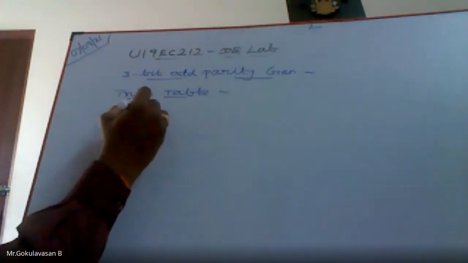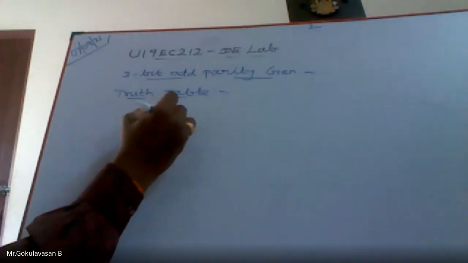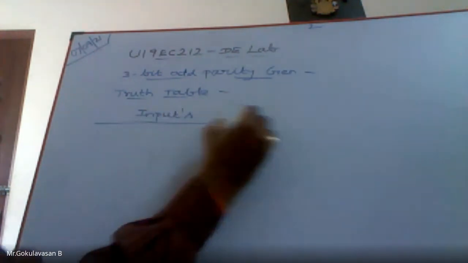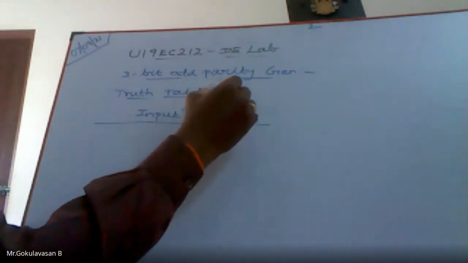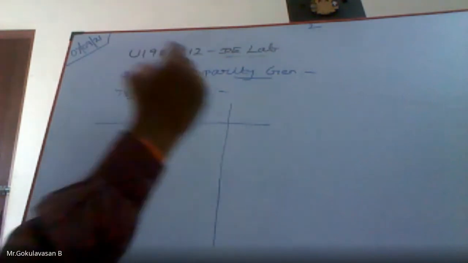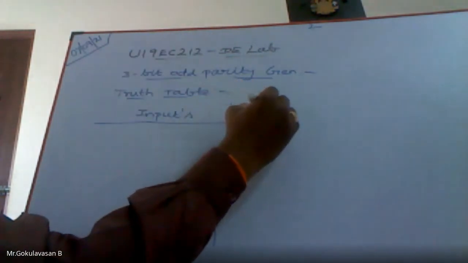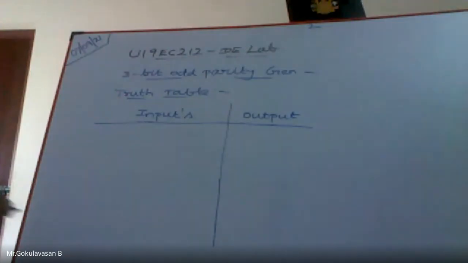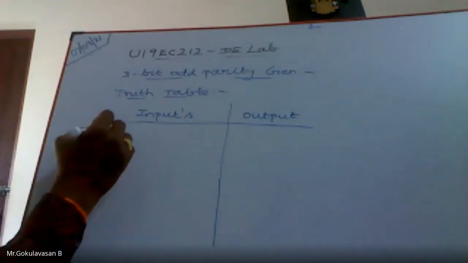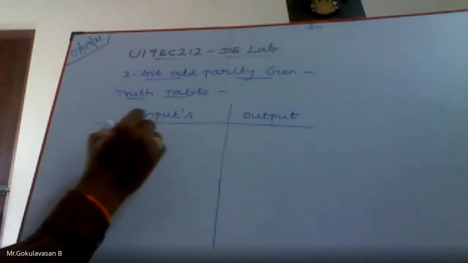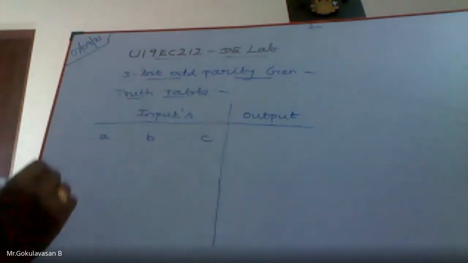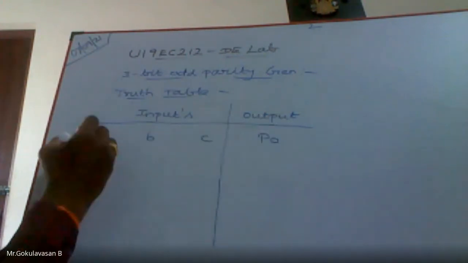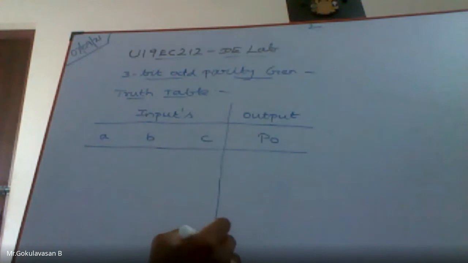So I am having inputs. How many inputs should I have? 3 inputs. Why? Because it is a 3-bit generator. How many outputs will come here? Only 1, that particular parity bit. So inputs, I am taking as, for example, A, B, and C. As it is an odd parity, I am taking that particular term as P0. So this is my truth table.